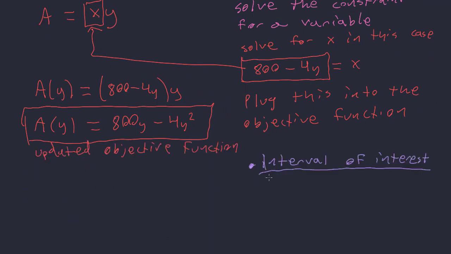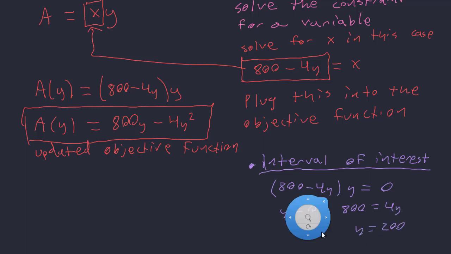Okay, next up, a lot of these problems will ask you for the interval of interest. What the interval of interest is literally just where does this area make sense. If you think about, well, the area can't be negative. All right, so if we were to just set this equal to 0, we'd get y is equal to 0 from this piece, and if we solve this for 0, we get 800 is equal to 4y, so y is equal to 200.